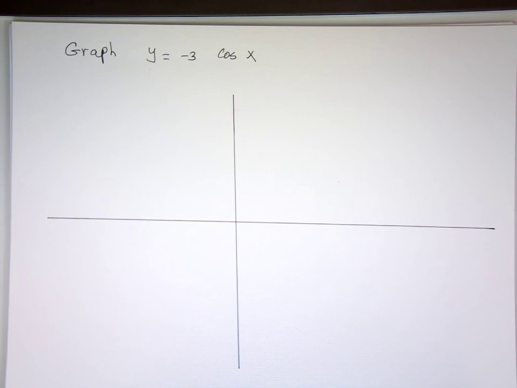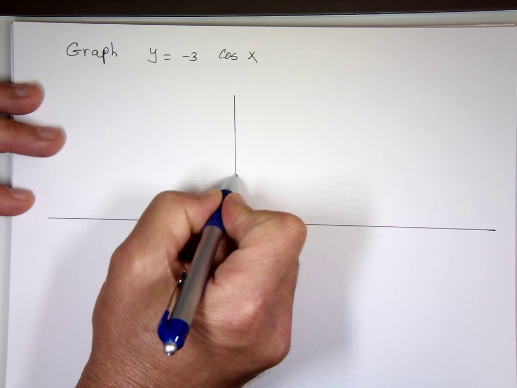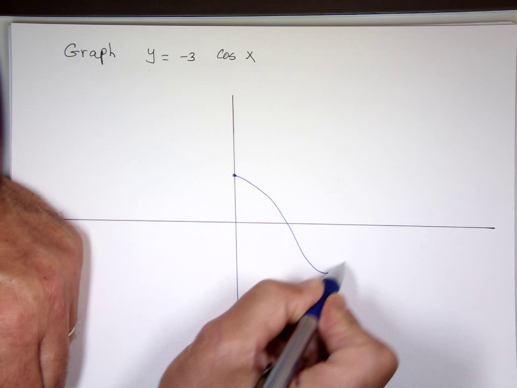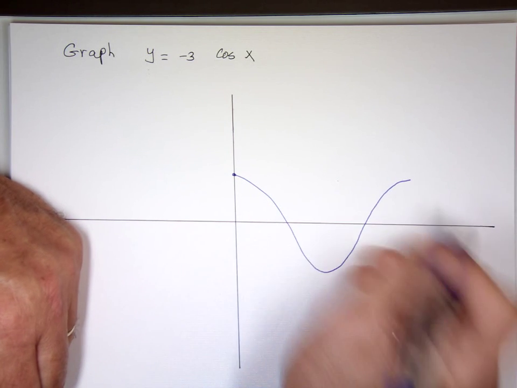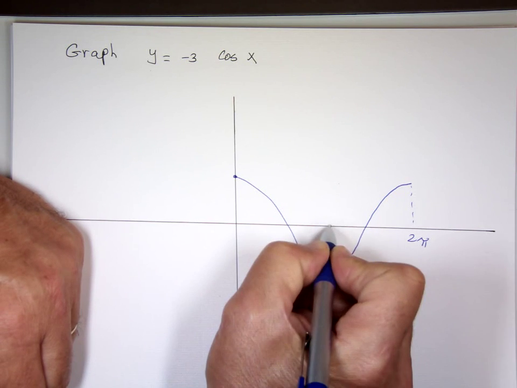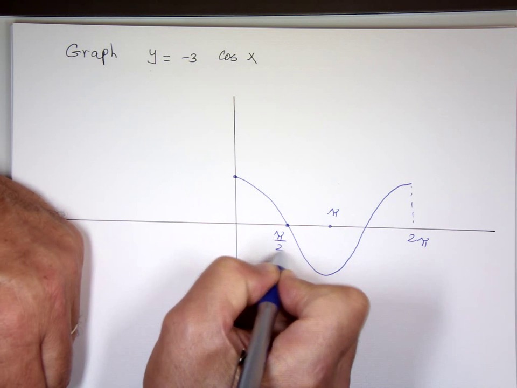So this is cosine of x. Cosine of x starts with 1 high here, and it goes down to negative 1. This is the 2 pi, pi over 2, 3 pi over 2.